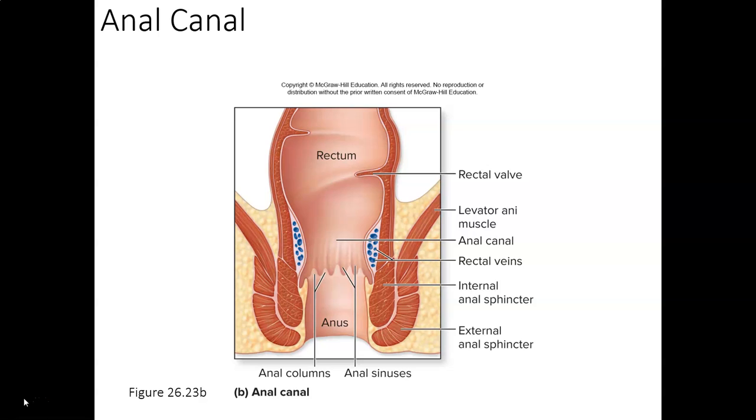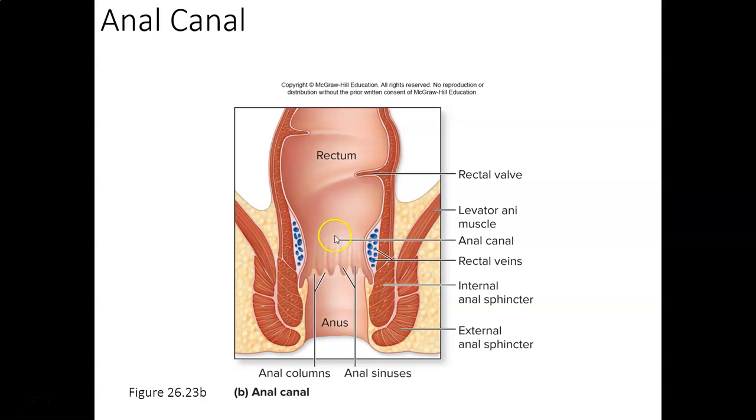So this is the last structure for the GI tract. It's the rectum and anus. So the rectum is a temporary storage place for the fecal matter before it's eliminated from the body. So therefore you have those rectal valves to prevent the backflow of the fecal matter back to the large intestine.